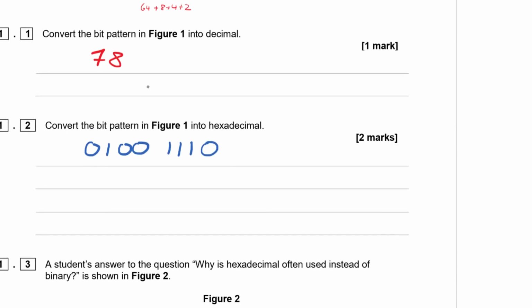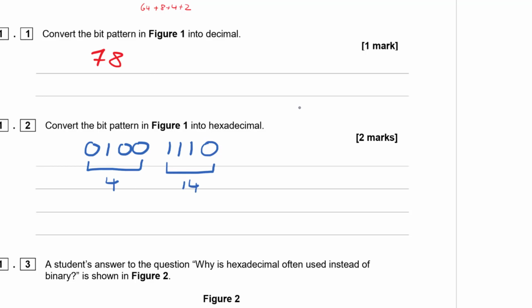So first of all, we want to look at each nibble and work out what this value is. If we ignore what column it would actually be, this is the same as saying one lot of 4. So this nibble is 4 in decimal, and this one is going to be 14 in decimal. Then we can work out what this is in hexadecimal.